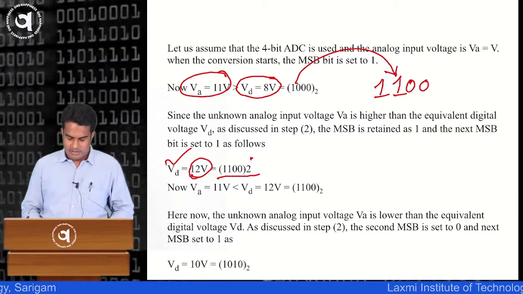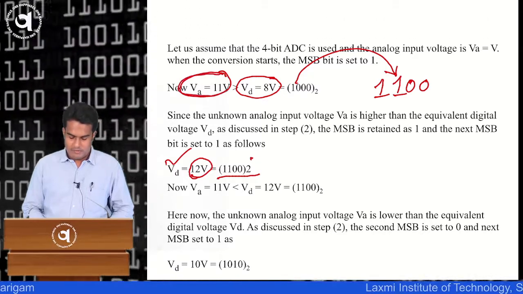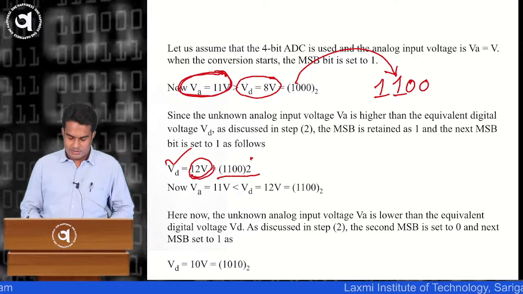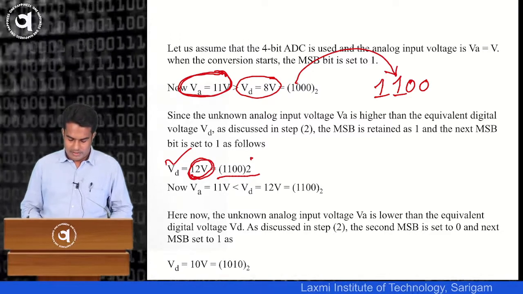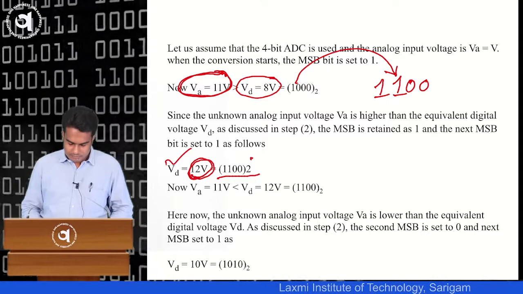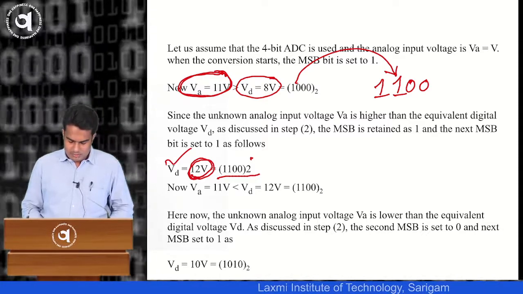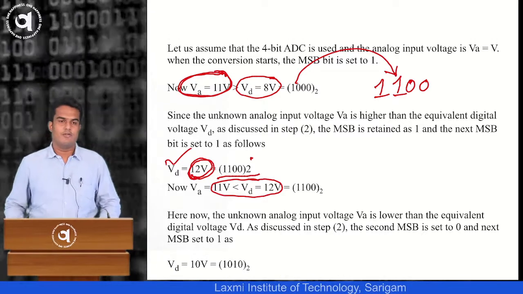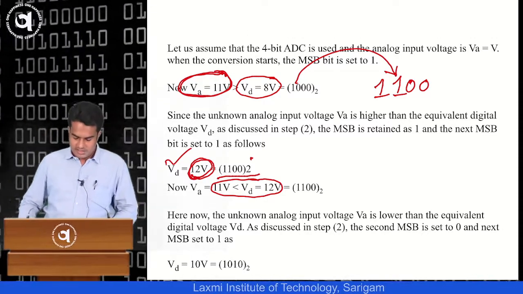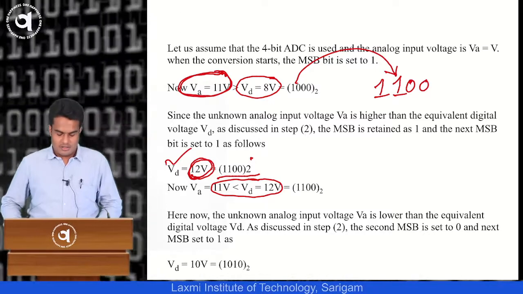As we can see, the analog value was 11 volt, but the digital value produced is 12 volt. Now this 12 volt will be compared in the comparator, and we can see the analog value is lower than the digital value.